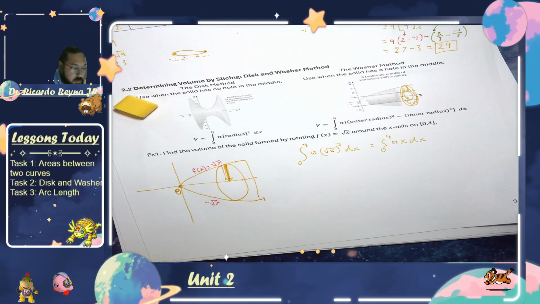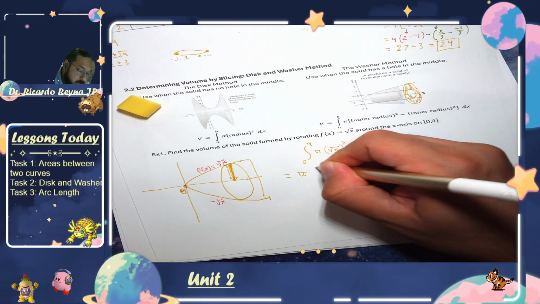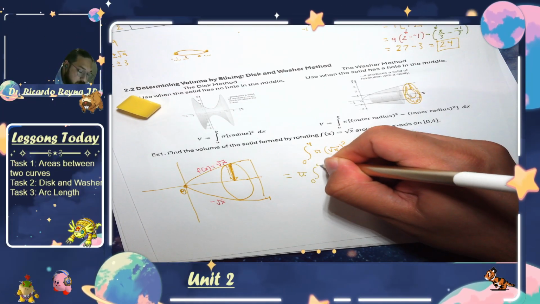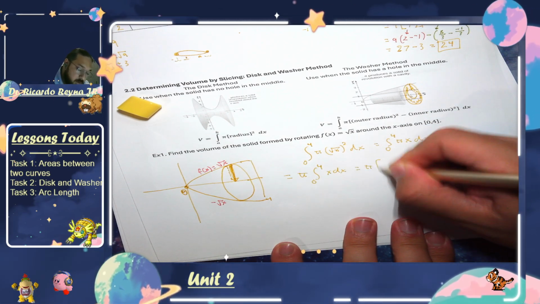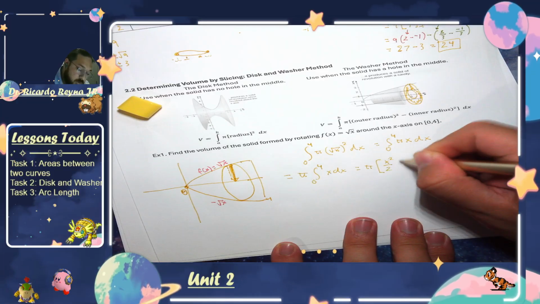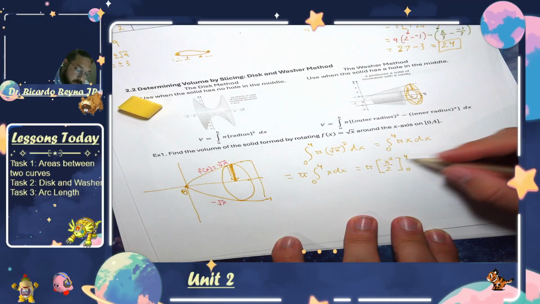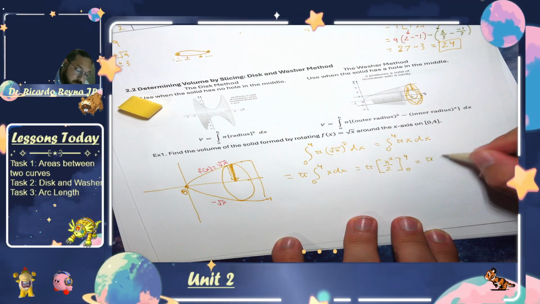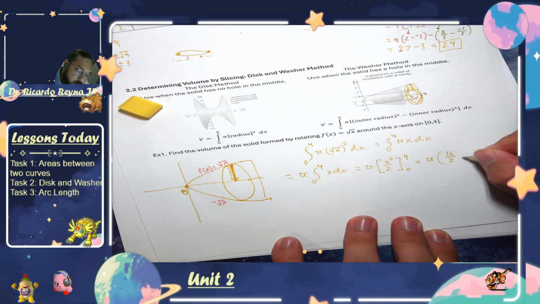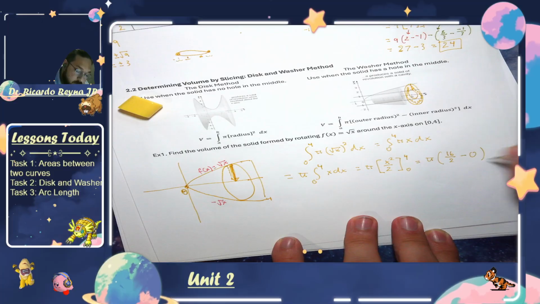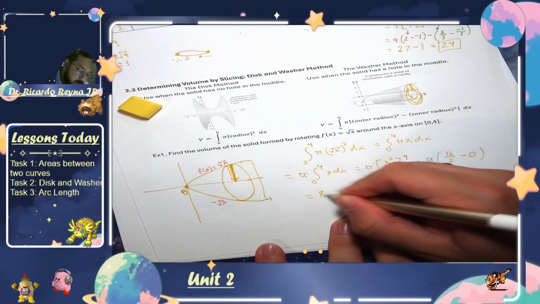And this kind of becomes an easier problem in that way. Let's factor out the pi. And then let's go ahead and do pi of x squared over 2, 4 to 0. Or let me write out. 4 is going to be 16 over 2. And then 0 is just going to be 0. 16 over 2 is 8. So the answer is 8 pi.